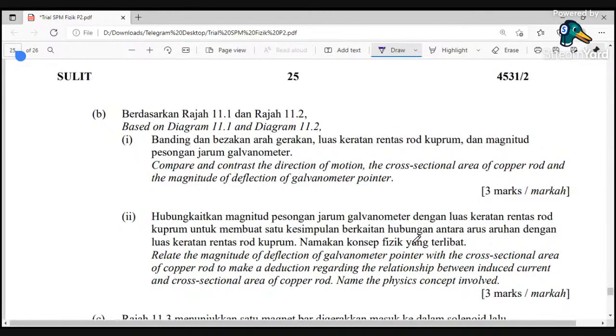Based on the diagram, compare and contrast. Banding dan beza. Compare and contrast: direction of motion, cross-sectional area of copper rod, magnitude of deflection. So ada tiga benda yang you kena buat. First one, you will discuss about direction of motion.